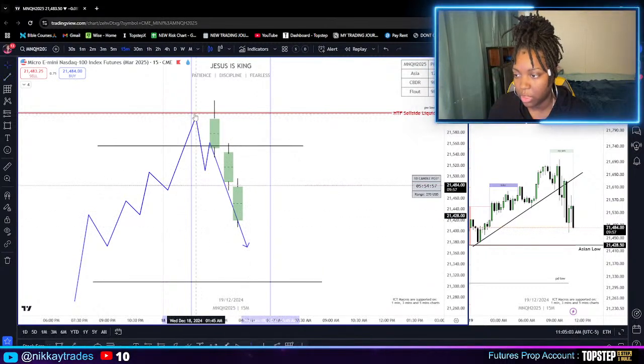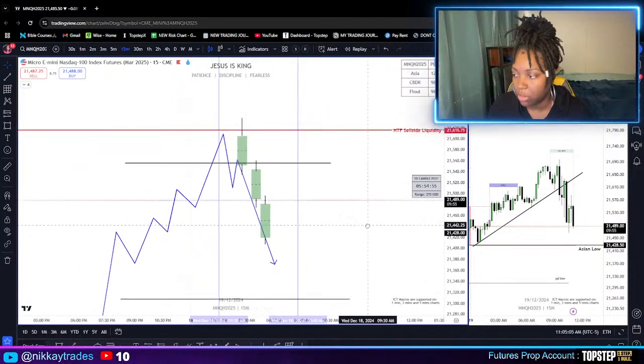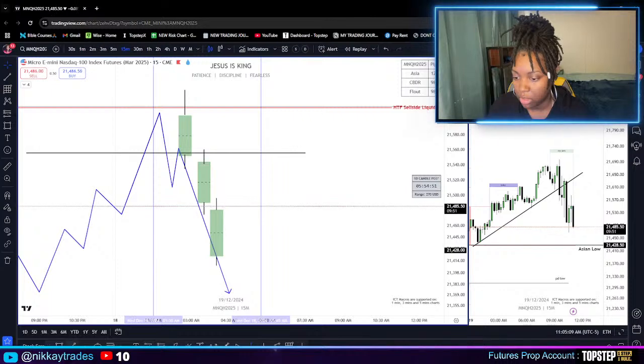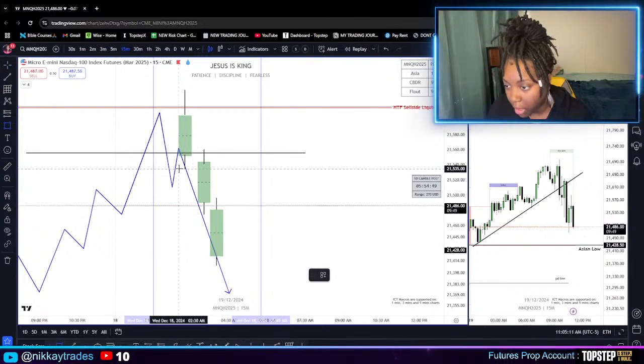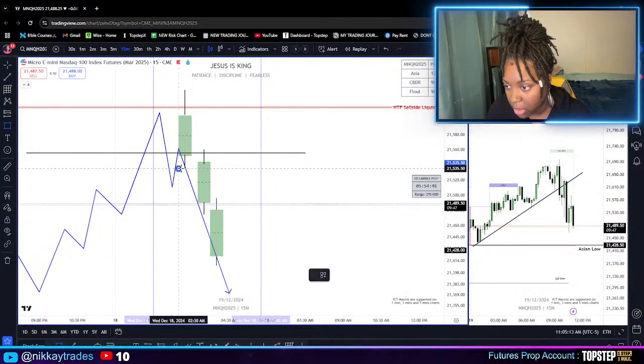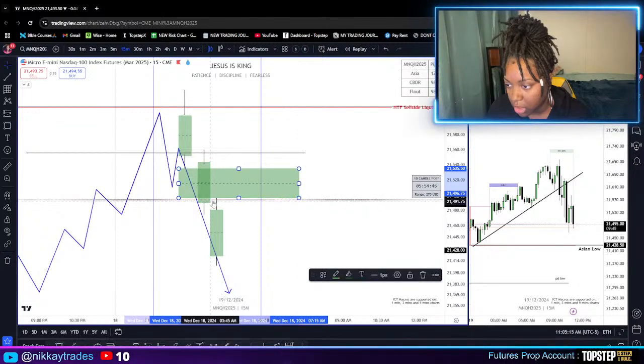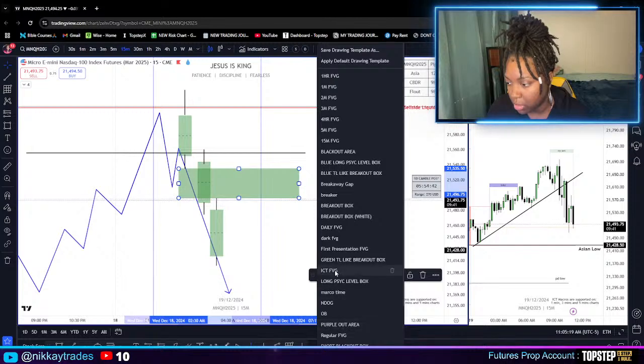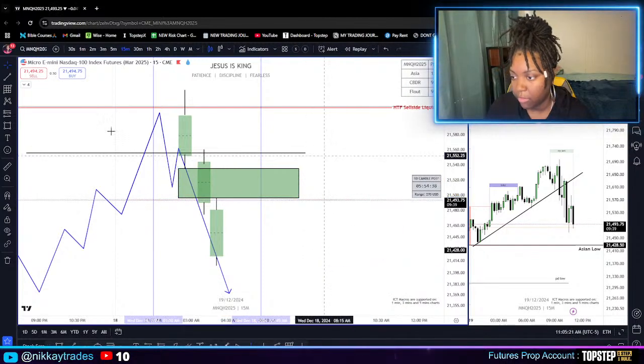So those are 3 candle formations, right? Let me zoom in. That fair value gap is going to be at the bottom of this wick, and you pull it down to the top of that wick. That's what is considered a fair value gap.